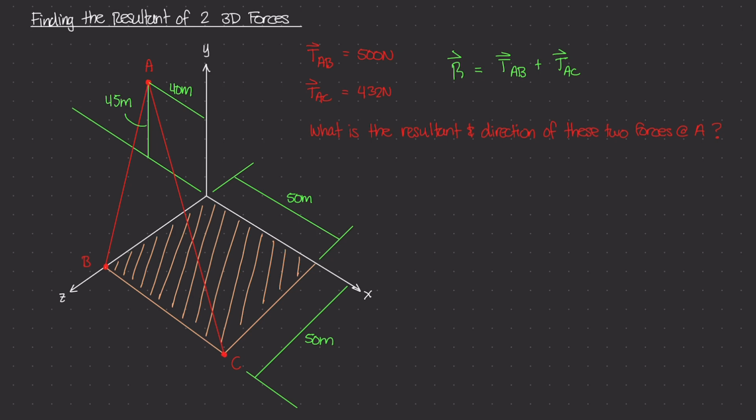Now, before we get into the calculations, I want to quickly review how we represent forces in 3-dimensional space. Just like we represented 2D forces with its X component and Y component with, if you remember, unit vectors I and J, we can do the same thing for forces in 3D space. So a force can be represented by its scalar component multiplied by this thing called lambda.